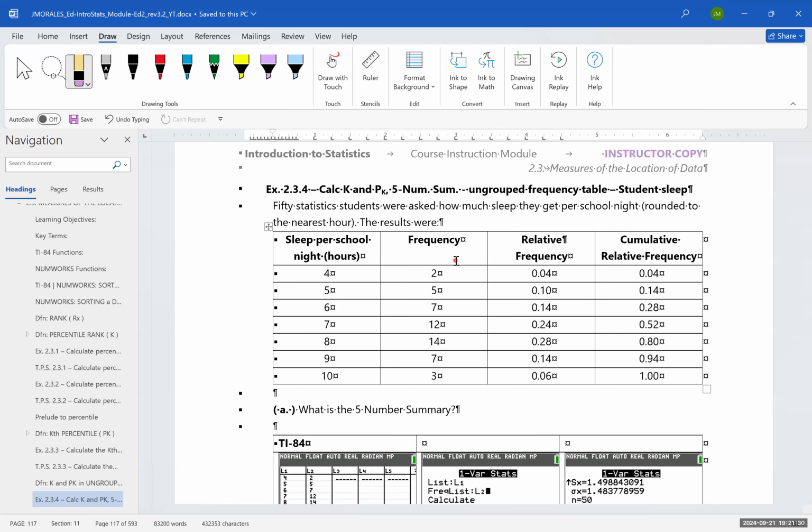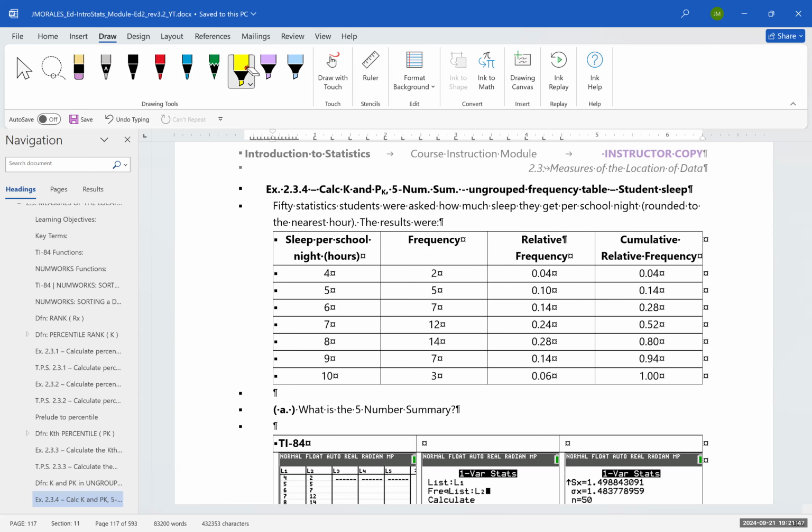All right, let's look at an example where we need to calculate percentile rank and kth percentiles from an ungrouped frequency table using the context of student sleep.